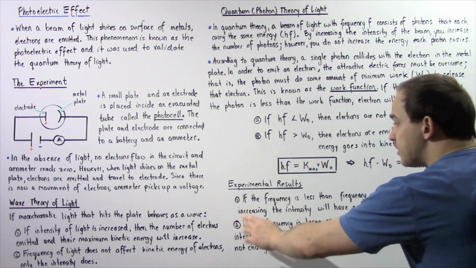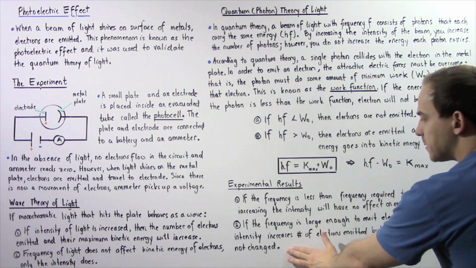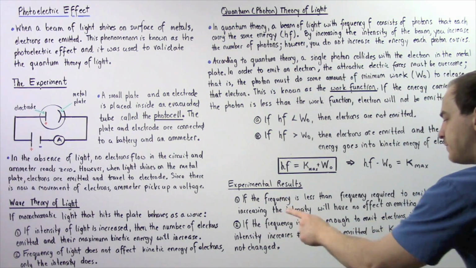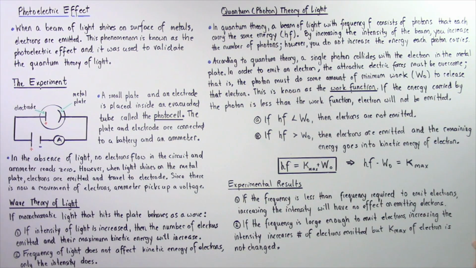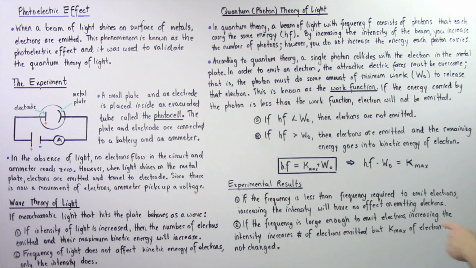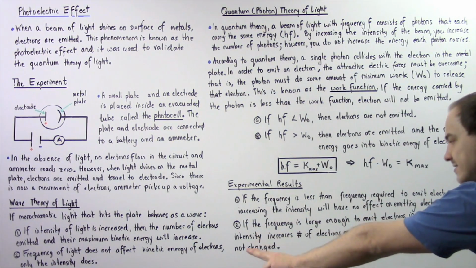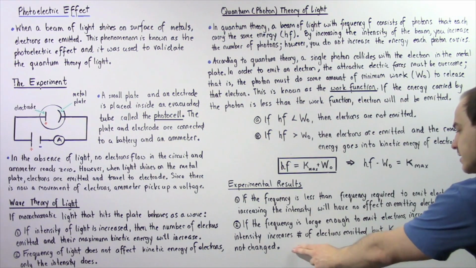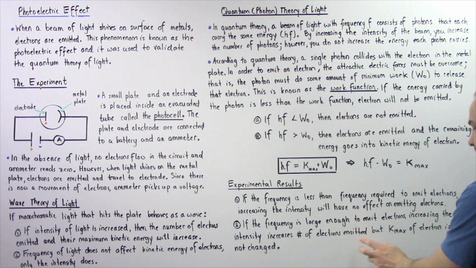The second thing shown by the experiment was as follows. If the frequency is large enough that electrons are emitted from the metal plate, increasing the intensity does increase the number of electrons emitted, but the maximum kinetic energy of the electrons is not changed.